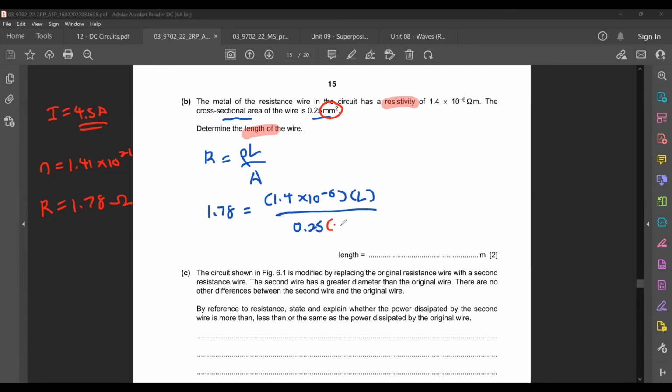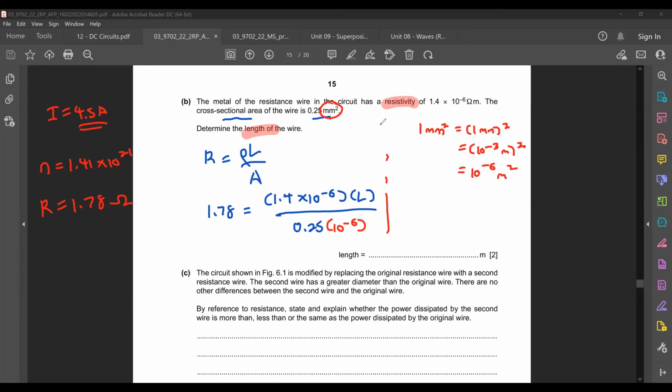So this one is 10 power minus 3 times 2. Okay, 1 millimeter is 10 power minus 3 meter, so 1 millimeter square is 10 power minus 6 meter square. Okay, this one is you changing it to meter square.